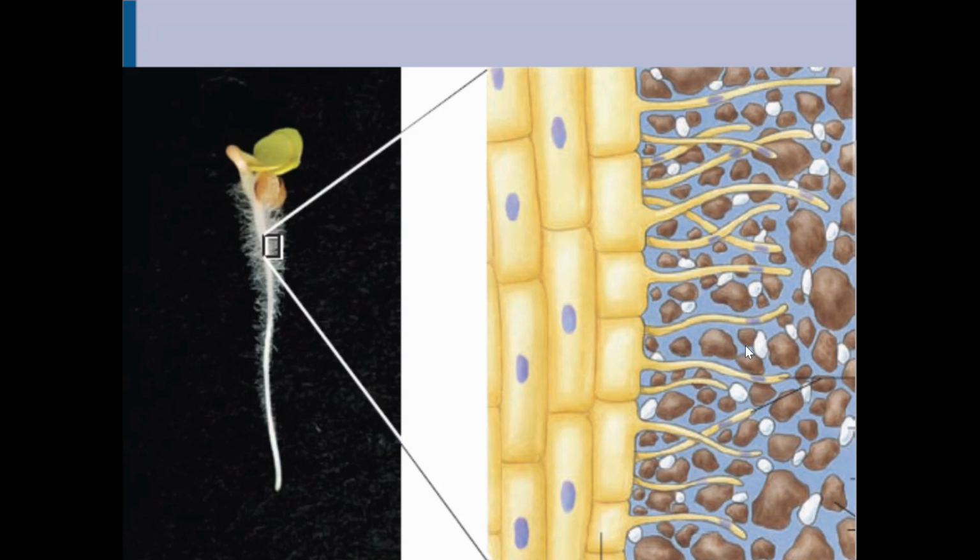The root hairs increase the absorptive capacity of the root by increasing the surface area that will contact the soil, and this is important to absorb more water from the soil, especially in the deserts.